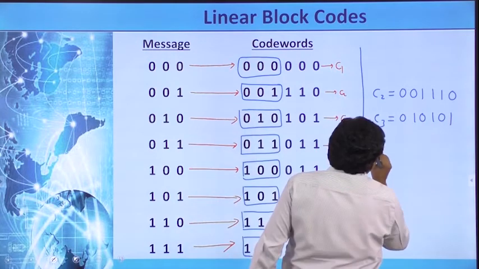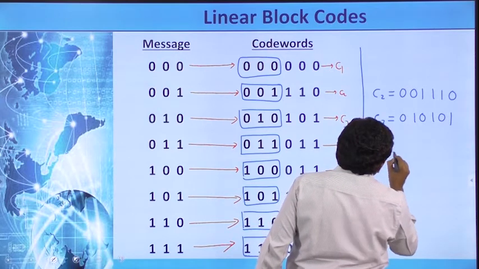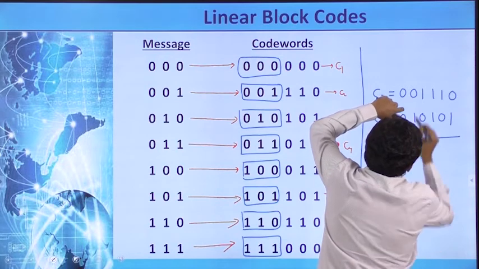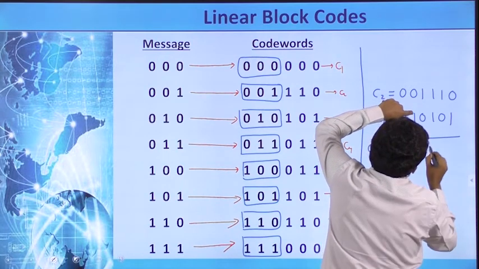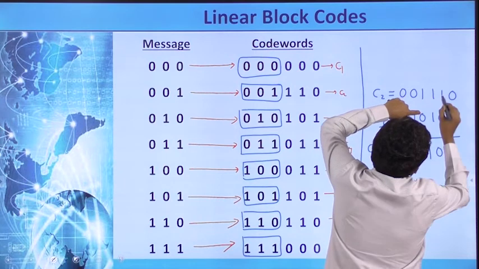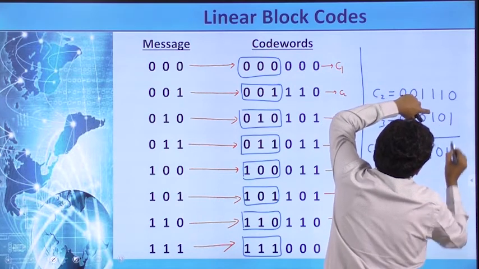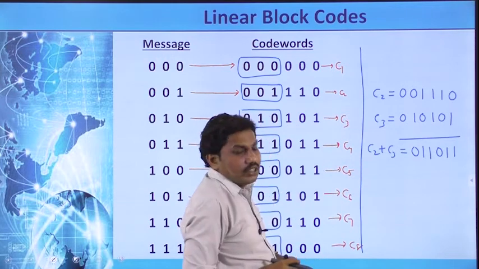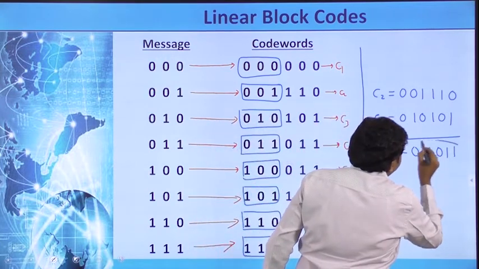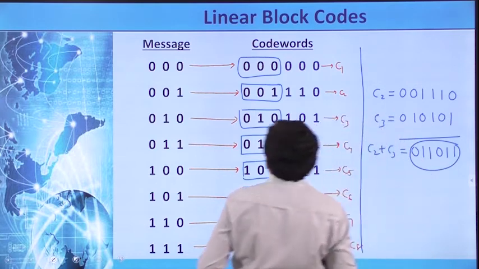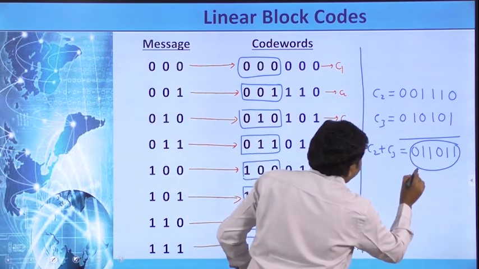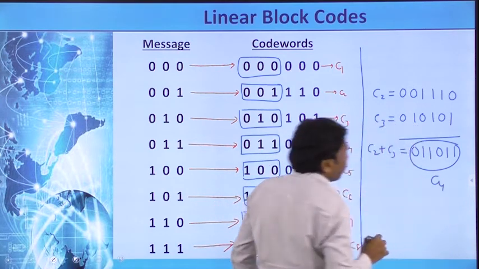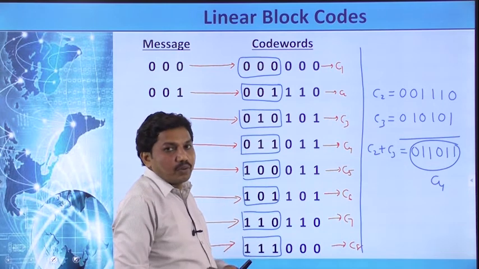We add these two, that is C2 plus C3. 0 plus 0 is 0, 0 plus 1 is 1, 1 plus 0 is 1, 1 plus 1 is 0, 1 plus 0 is 1, 0 plus 1 is 1. If we add C2 and C3, we got this one. So look here, this code word is nothing but C4. That is the verification of the linear property.